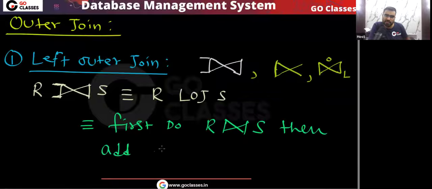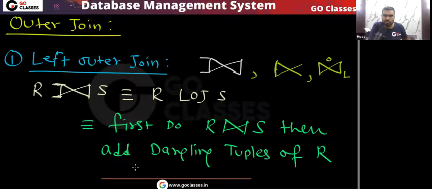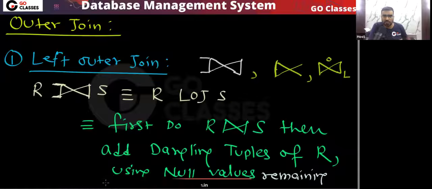Then add dangling tuples of R, using null values for the remaining columns of S. So very simple. I hope this point is clear.